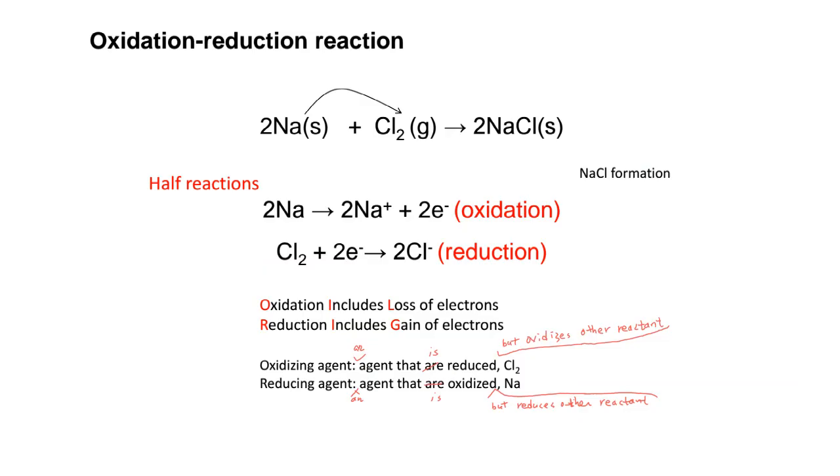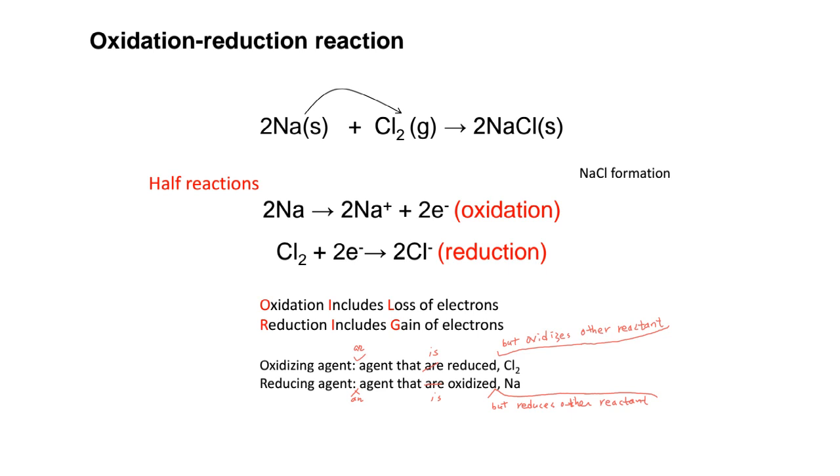So here we want to take a look at a few chemical reactions to use the definitions of oxidation and reduction that we learned before. So let's start with the sodium chloride formation, starting from sodium metallic elements and chlorine molecules.